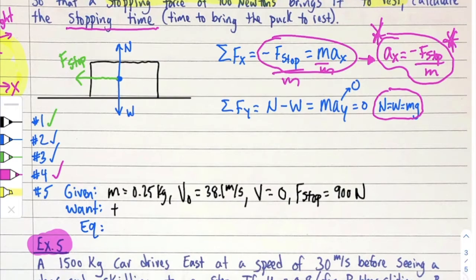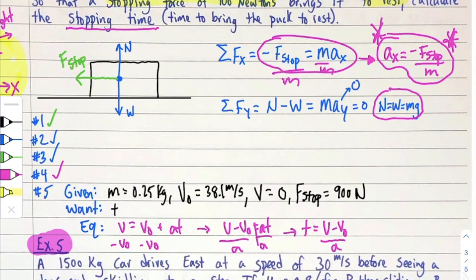So the equation that I looked back and found right away was that v is equal to v_0 plus at. And I know I can solve that. So if I bring the v_0 over to the other side, I'm going to have v minus v_0 equals at. And then I divide by a on both sides. So I actually am going to get that t is equal to (v minus v_0) over a.